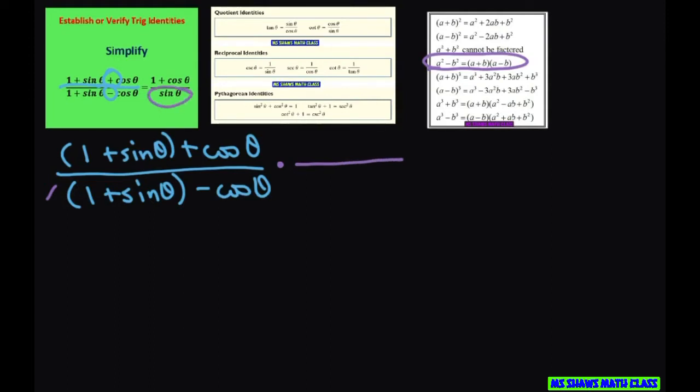And we need a cosine squared to give us 1 minus sine squared, because we just want a sine in the denominator. So it takes a while to get used to that, but the conjugate is just going to be 1 plus sine of theta plus cosine theta. And when you do that, you also have to multiply this by the numerator.